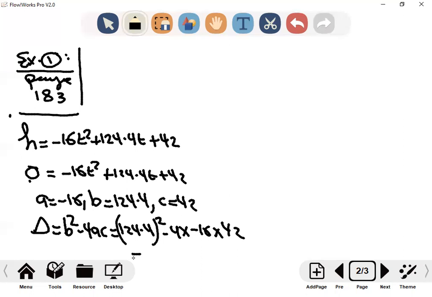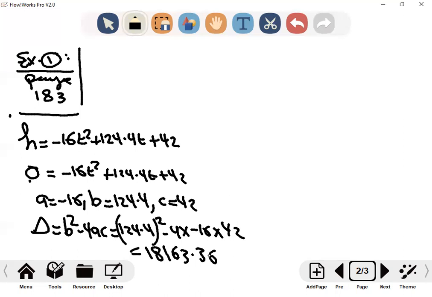Using the calculator, how much will delta be? Are you sure? In the book also, 18,163.36. So using the calculator to find this numerical expression, this is the answer.